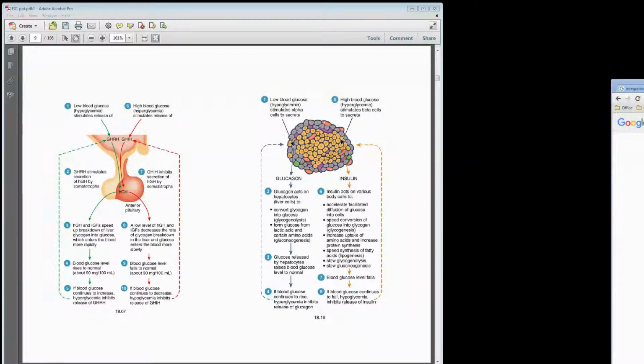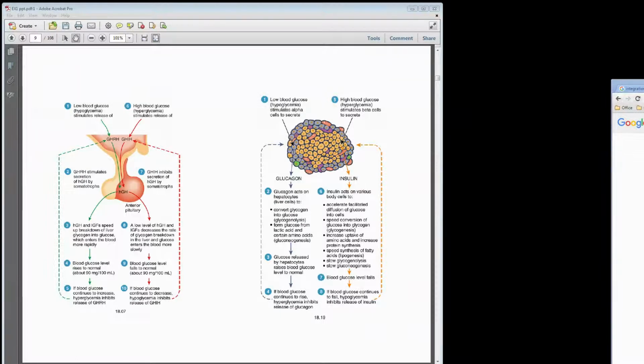Anterior pituitary sensor cells then send a signal back to the controller cells, which say we need to produce human growth hormone and IGF factors, which is basically insulin-like growth factors. These are then sensed by the liver, and the liver then speeds up the breakdown of glycogen to glucose.